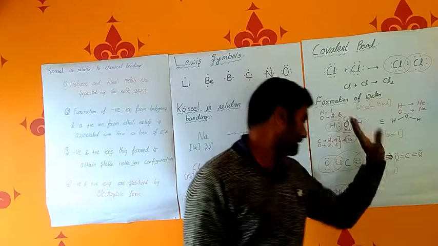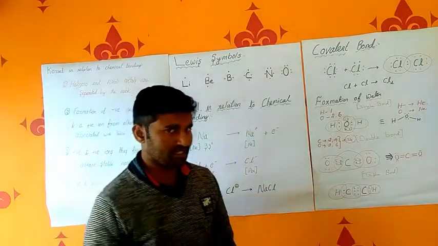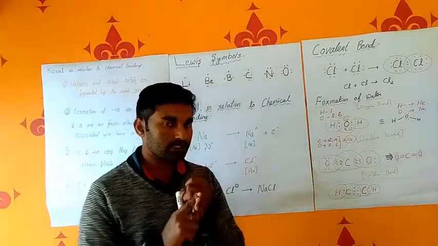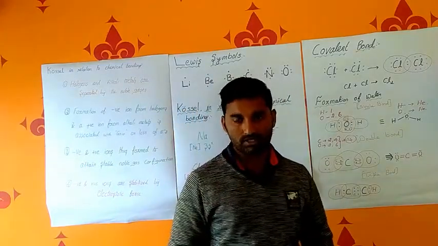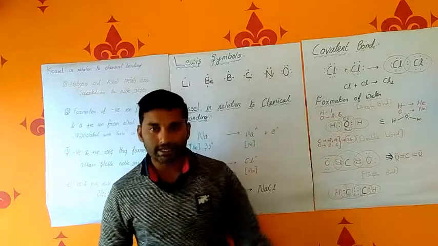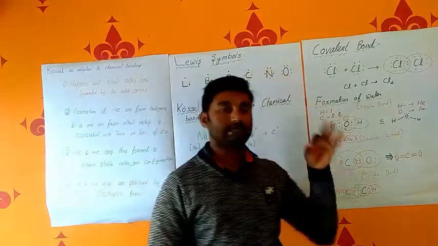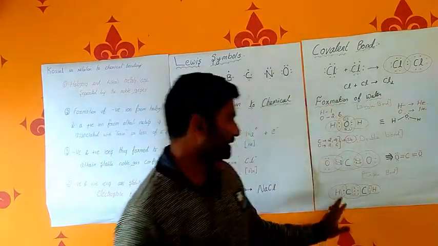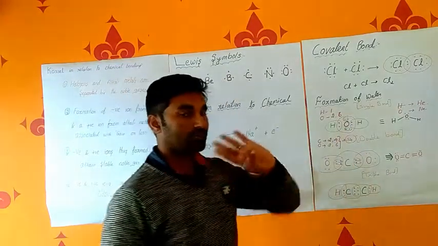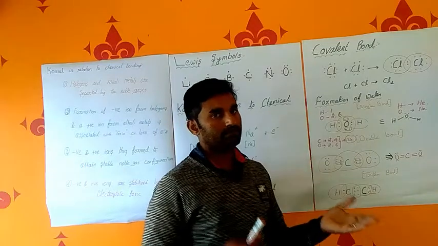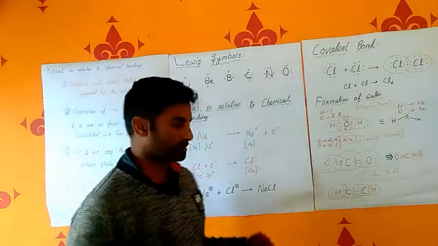Now we are going to see about triple bond. Triple bond in the sense, if 2 electrons can make one bond, 4 electrons can make 2 bonds, then 6 electrons only can make triple bond. Here carbon has 4 electrons in the outermost orbital, which means it has 4 valence electrons.